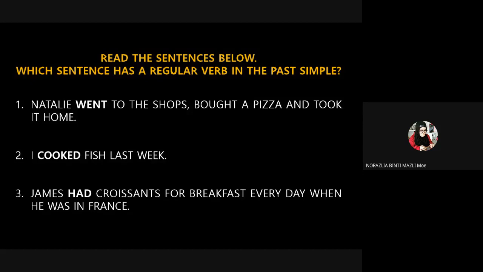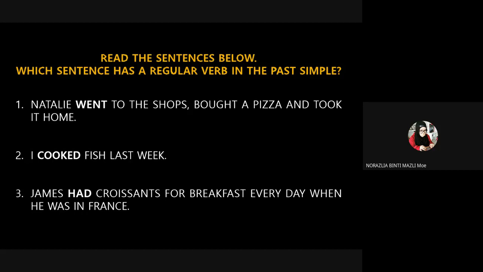It's okay. Another reason is that there are many terms we have to memorise. When you learn English grammar, there are many terms you have to know: present tense, past tense, continuous, stative. So of course we try our best to remember. Just remember regular means ordinary, so it has ed. For example number 1, Natalia went.